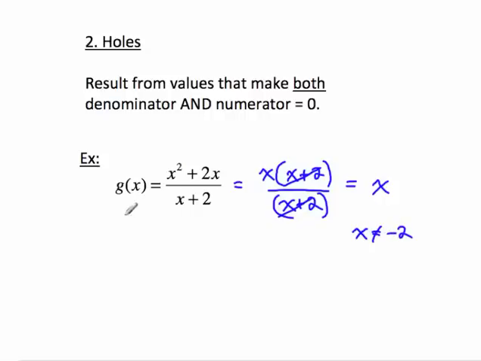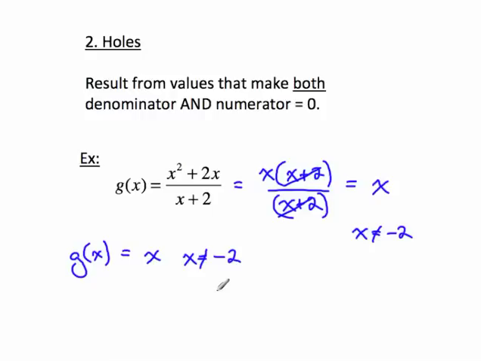So what we're stating here is that the original function g of x is actually equal to simply x, provided that x is not equal to negative 2. Otherwise, whenever x is not equal to negative 2, this complicated function is just equal to x.